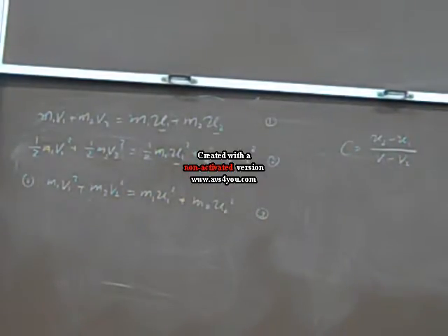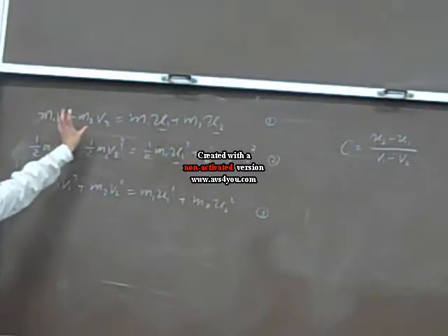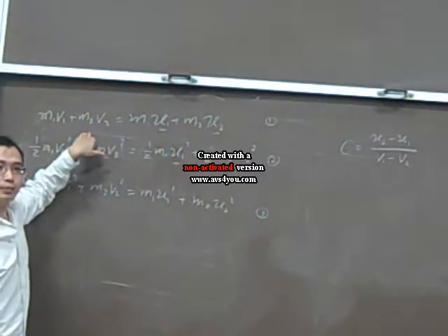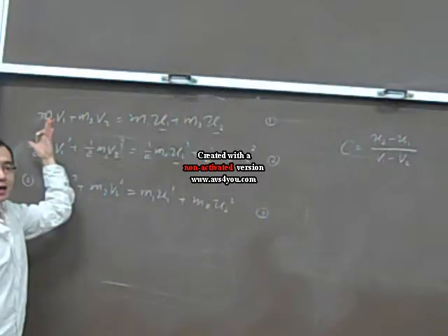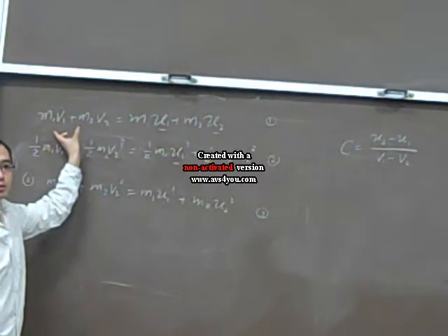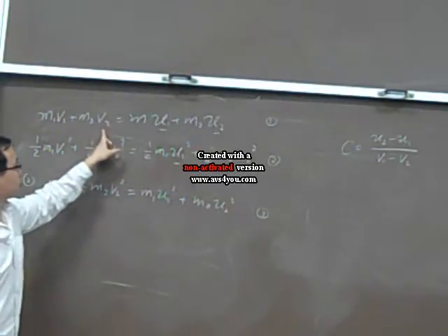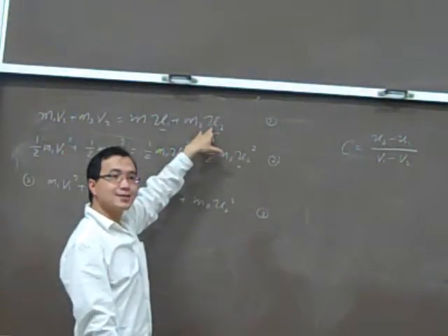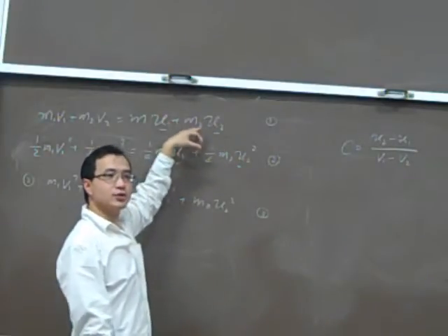Now I'm going to rearrange equation 1 and this modified second equation, equation 3. Look at how we put the numbers: the left hand side corresponds to the initial state, and the right hand side corresponds to the final state.